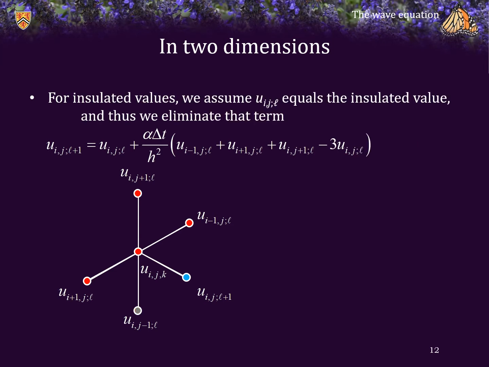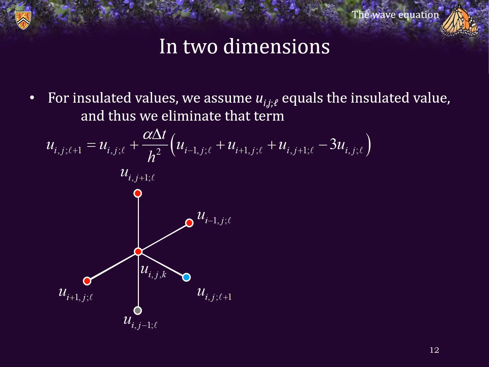So if there is an insulated value, for example, below, assume that u sub i j minus 1 l is insulated, then we assume that u sub i j minus 1 l actually equals u sub ijl in the equation, and thus we eliminate both the term and the corresponding impact on u sub ijl in that equation.